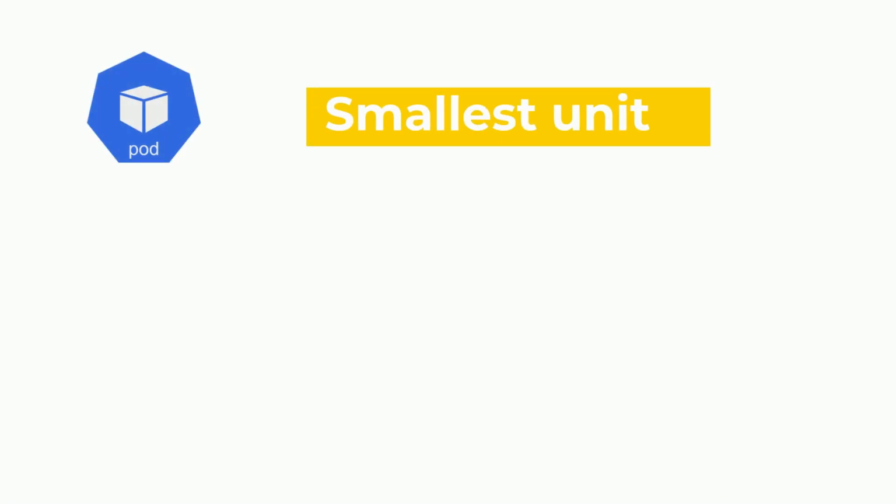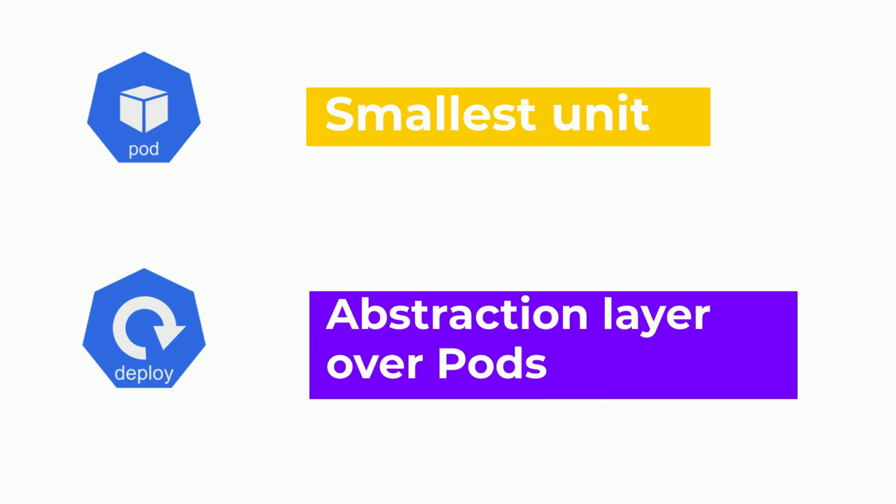In Kubernetes, pod is the smallest unit, but in practice, you will not work directly with pods. You will have an abstraction layer over the pods that is called deployment. So we will be creating a deployment and that will create the pods for us.